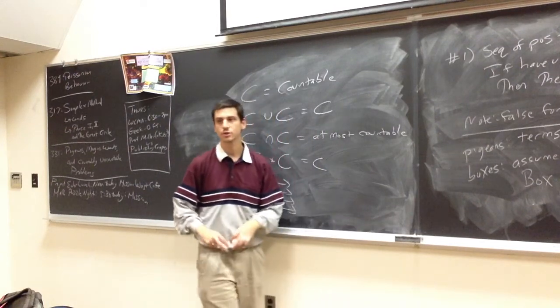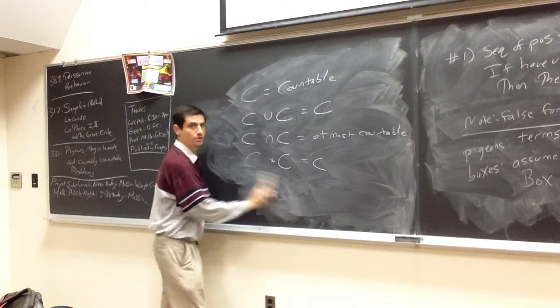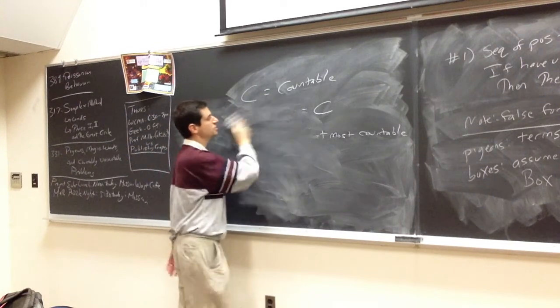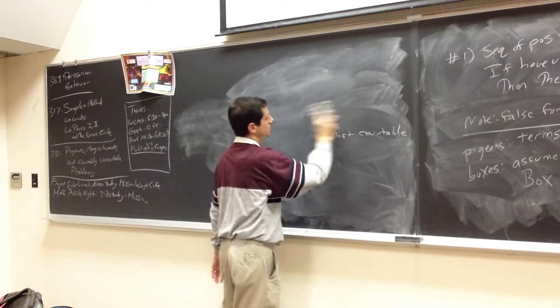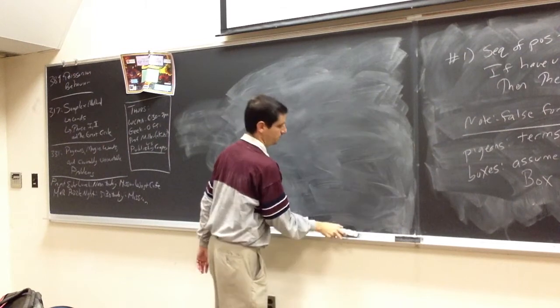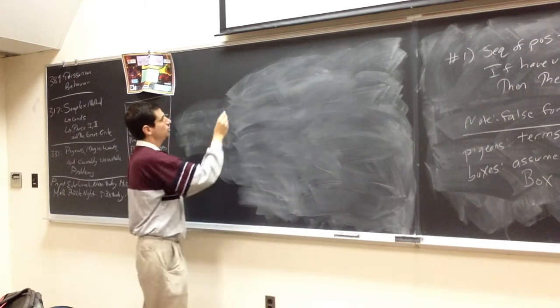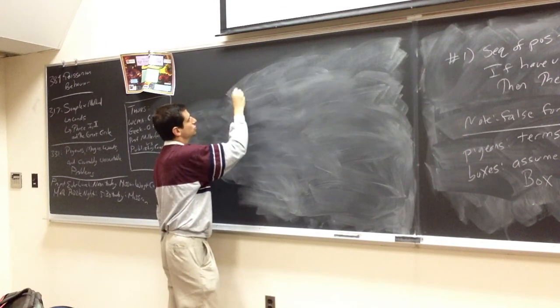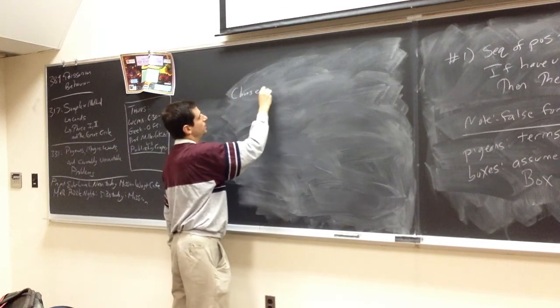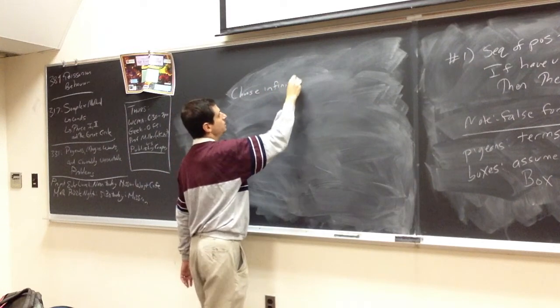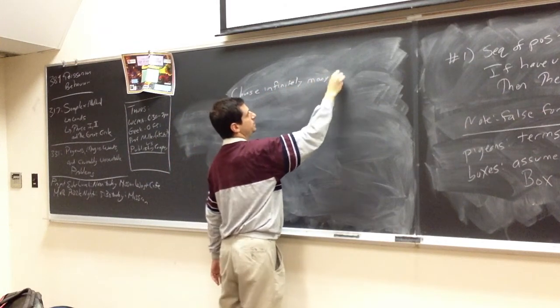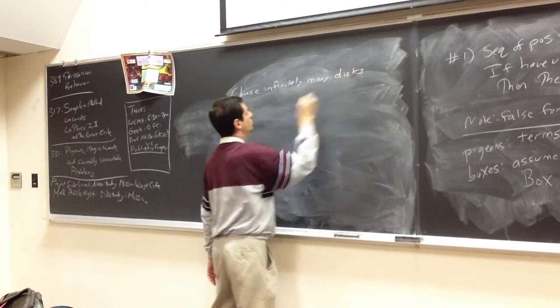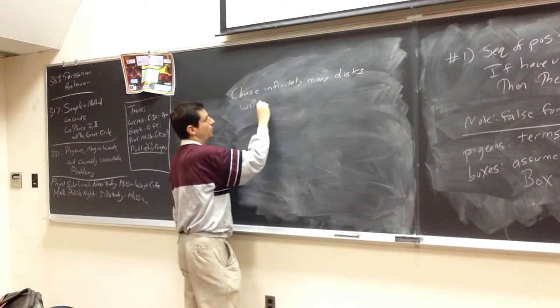All right, I want to make sure we get to the fun problem. So what I'm going to do is state a problem for you to do maybe at home. Choose infinitely many disks with positive radius.